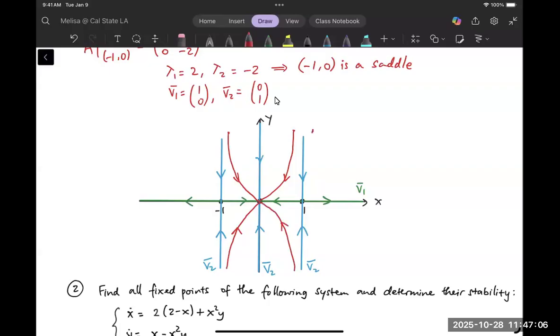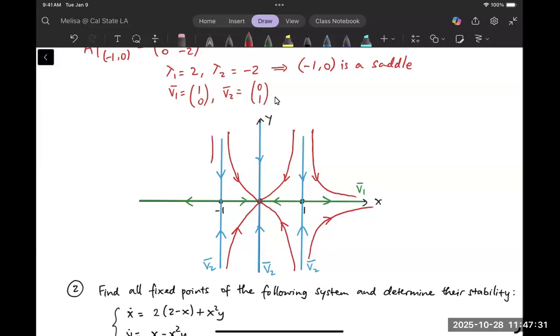But then if you start over here, it's not going to go towards the origin, because to go towards the origin, you have to cross phi2, and trajectory cannot cross. So here, because 1, 0 is a saddle, you're going to have something that looks like that. Okay. So basically, none of this trajectory can intersect each other.